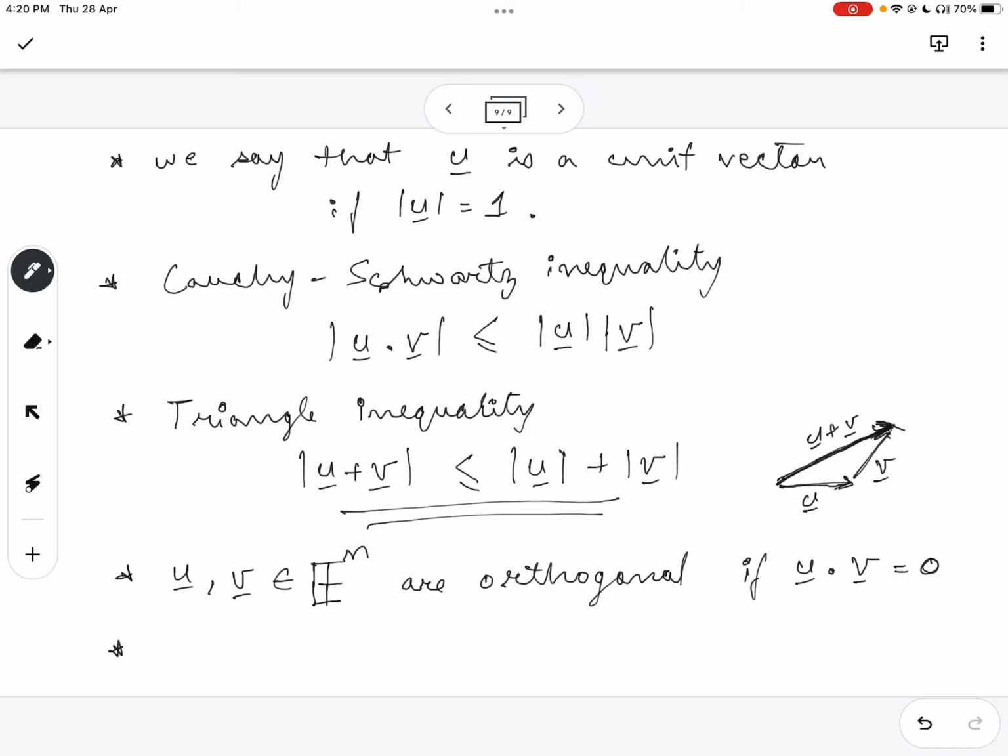Using this property of orthogonality, we can define a set of vectors to be orthonormal as well.